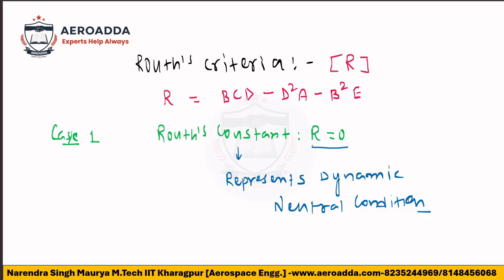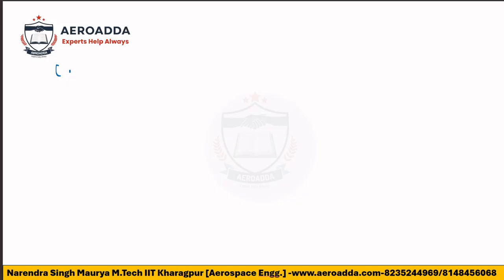Correct. Now, second, we'll talk about case 2. The Routh's constant, that is capital R, suppose first it was 0, now say it is less than 0.